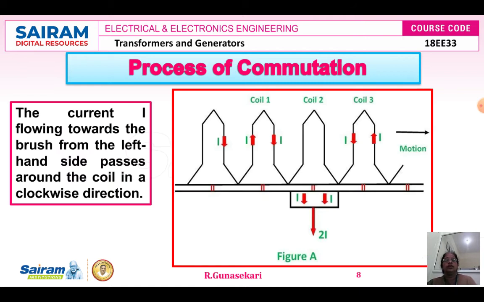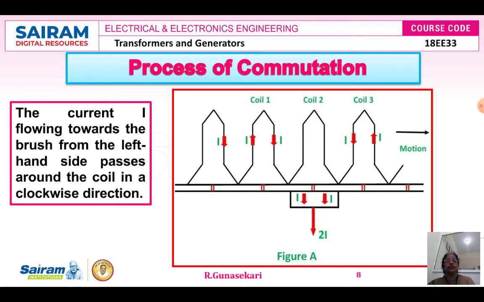Now see the first step of the process of commutation. I have taken 3 coils, coil 1, coil 2, coil 3, and the current direction is also shown. In coil 1, the current flows upward to downward. There is no current flowing through coil 2, and coil 3 also has current flowing upward then downward.